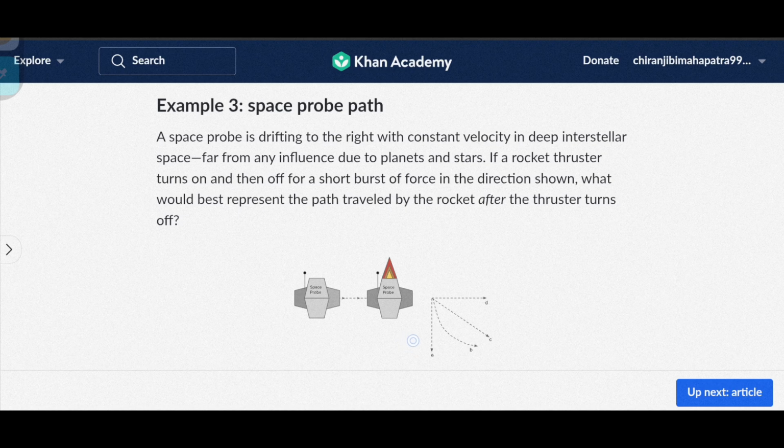But according to Newton's law, there is no net force along the horizontal direction. So the velocity of the space probe along the horizontal direction will remain the same. It will continue to move like this, but it will also gain speed along the vertical direction. So the path would be a straight line like this.